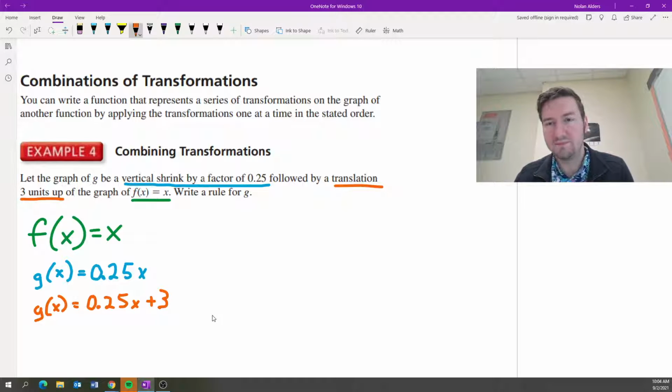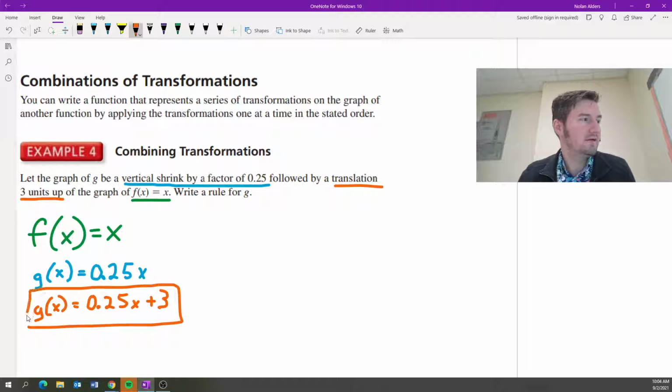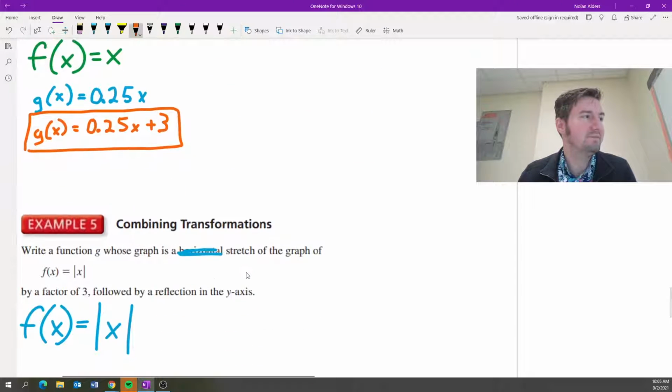That's your 3 units up. All right, and there you go. This right here is the transformed function. So you can do these. It's just the same as the problems up above. You just have to do them one at a time.